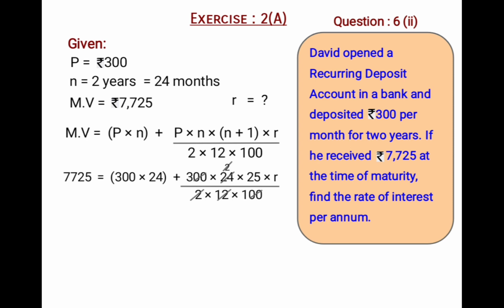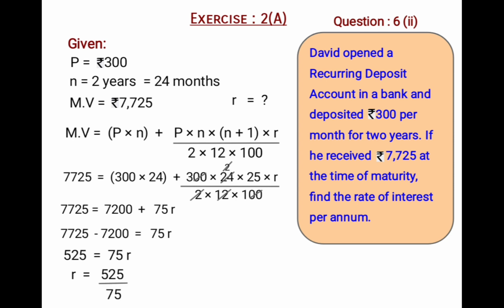On further simplification, we will get 7,725 is equal to 300 into 24, that is 7,200, plus 3 into 25, that is 75 R. I am going to transpose 7,200 to the LHS side, that is 7,725 minus 7,200 is equal to 75 R. On further simplification, we will get 525 is equal to 75 R. I am going to find the R value, so R is equal to 525 by 75.